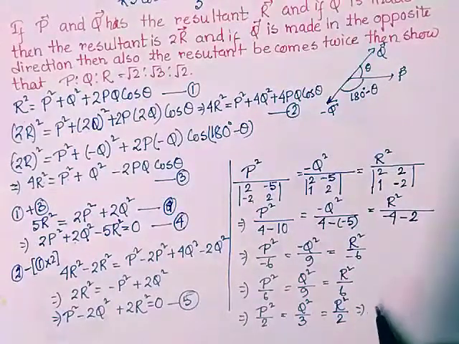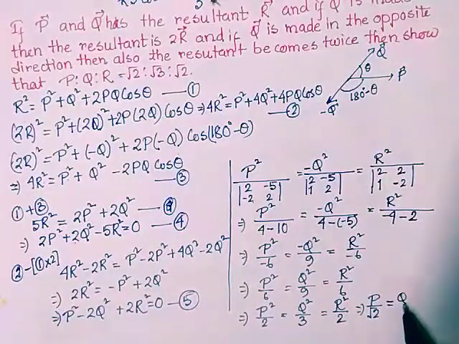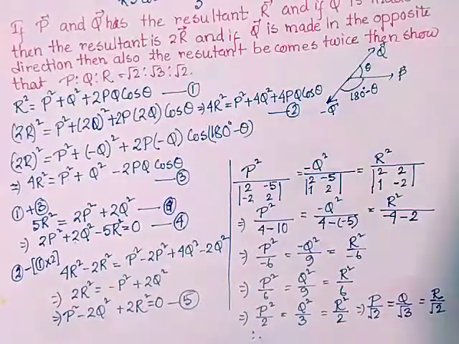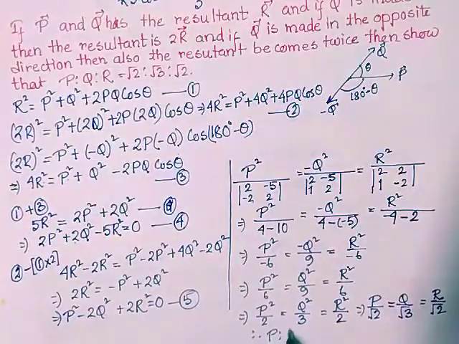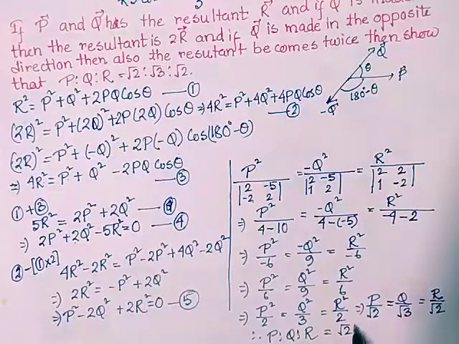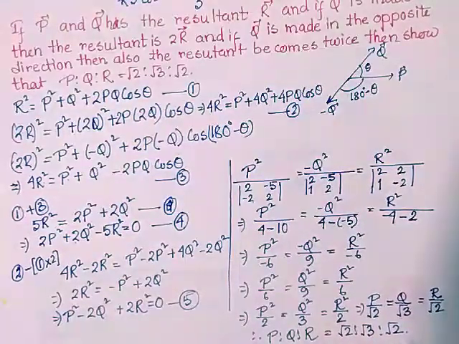So if we take the square root, p divided by root 2 equal to q divided by root 3 equal to r divided by root 2. So from it we can write p is to q is to r equal to root 2 is to root 3 is to root 2.